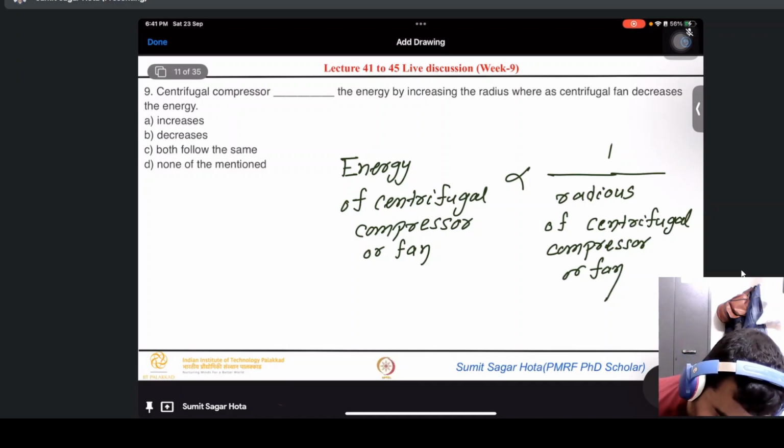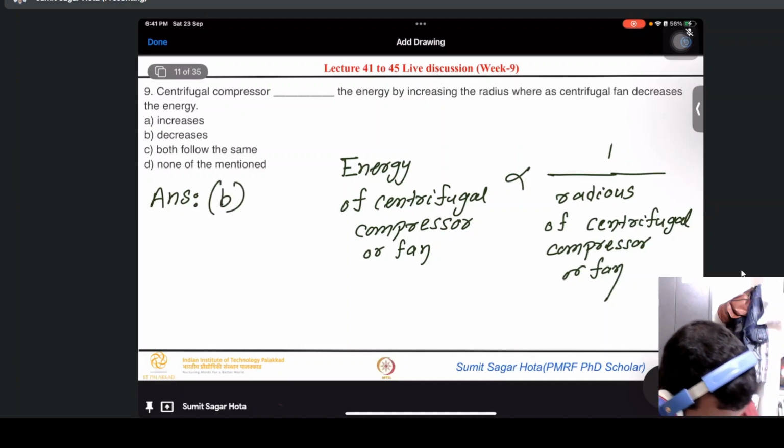That means if the radius is increasing, the energy will what? Energy should decrease. So B is the answer.